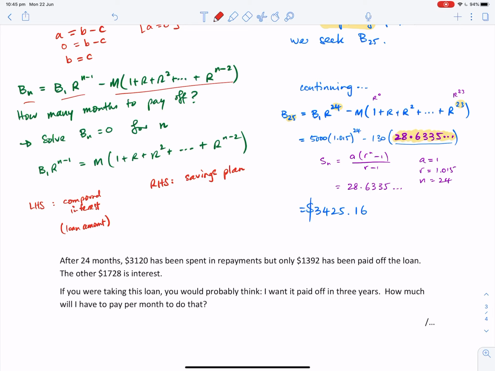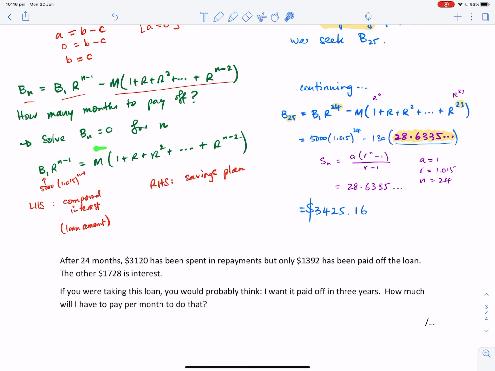So basically what it's saying is that on the left-hand side, if we put the $5,000 at 1.015 to the power of n minus 1, and we didn't make any payments, then our loan balance would just go up and up and up.